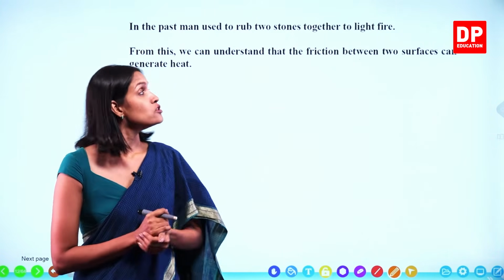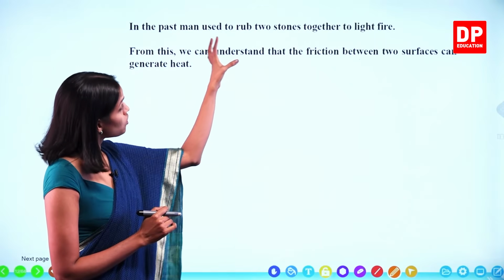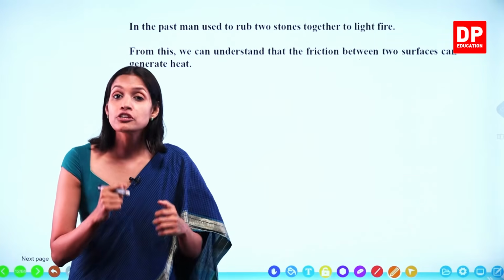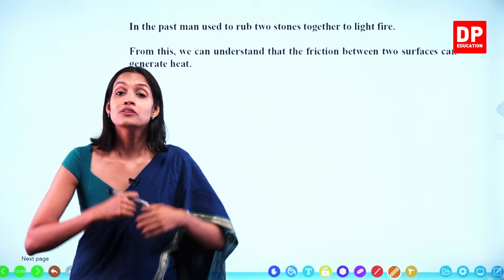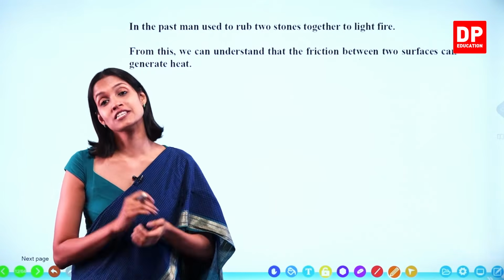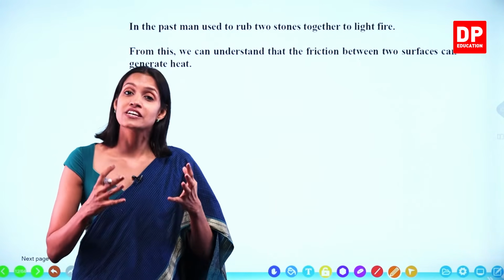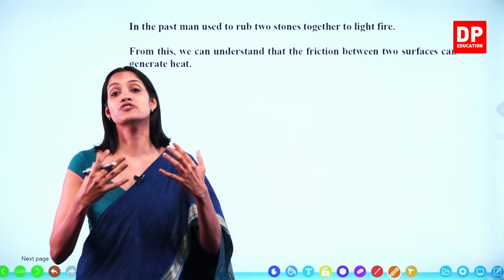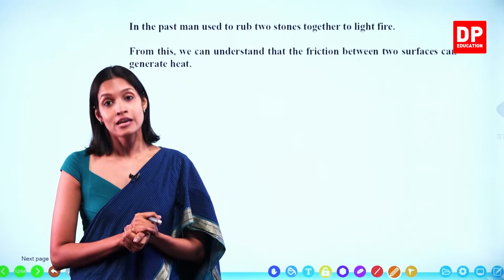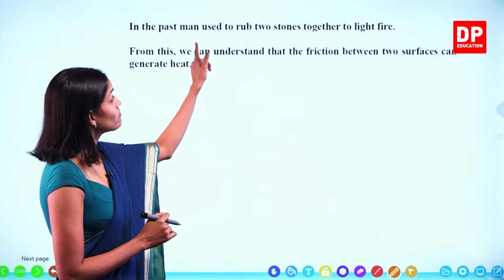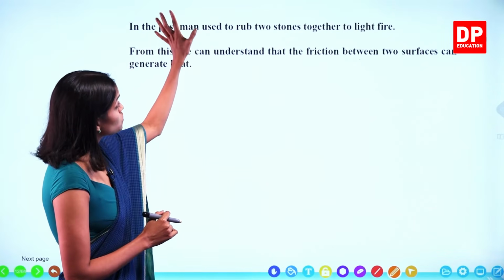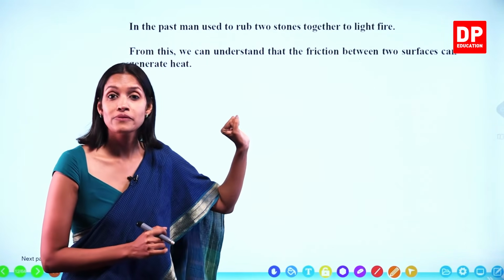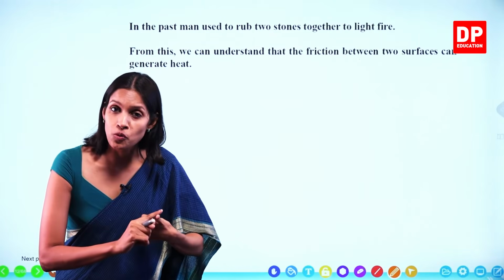Right, children? So, when we rub two objects together, if the two objects are very rough, more friction force is created. If the friction is very high, then the heat produced is also high. Which means when we rub two rough objects together, there is more friction.